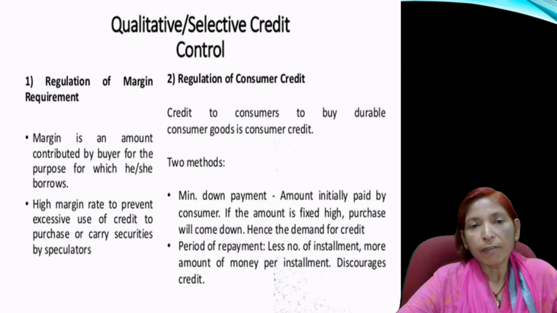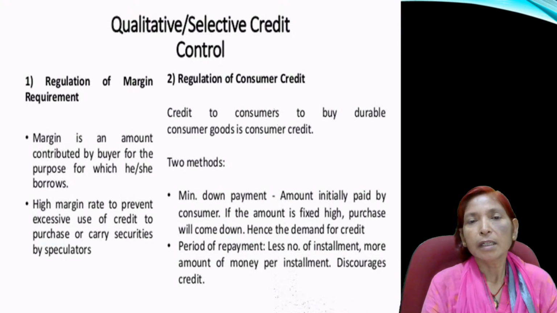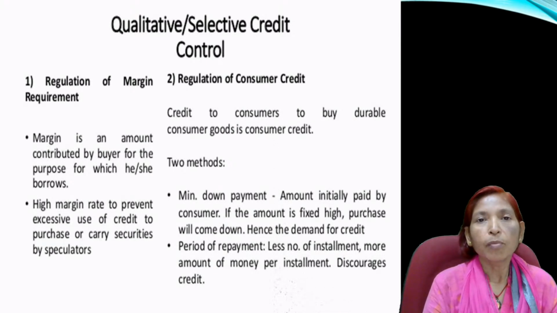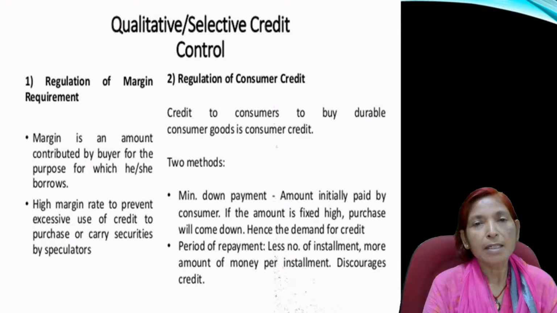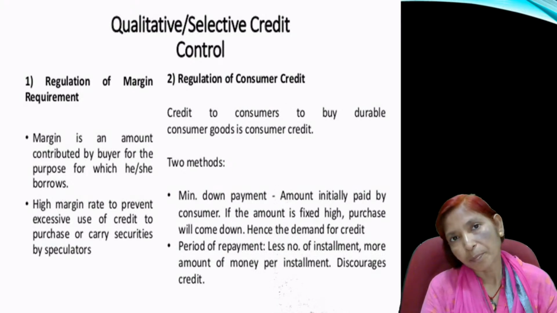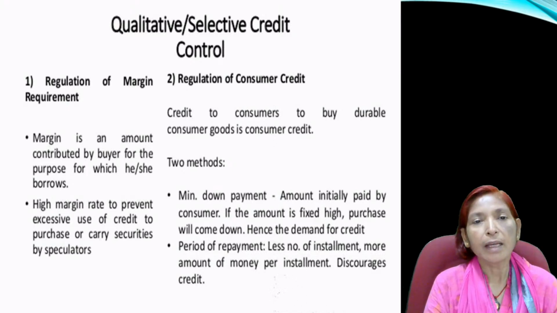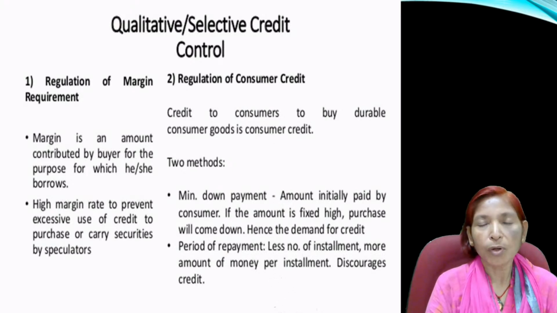If RBI fixes a maximum quota of credit, then borrowings will decrease, demand will decrease, purchasing power will decrease, and inflation will be controlled. And if there is no limit on the amount of borrowings, then credit will be created more.